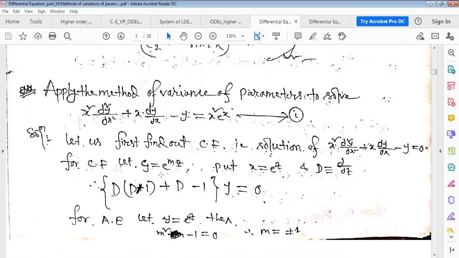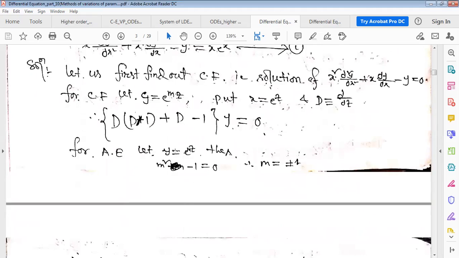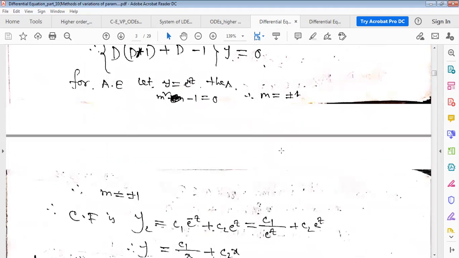Now if y equals e to the power mz is the trial solution, then z, where x equals e to the power z, means capital D equals d/dz. Now this gives the auxiliary equation: y equals e to the power mz is the trial solution, and after this m square minus 1 equals 0, that means m equals plus minus 1.